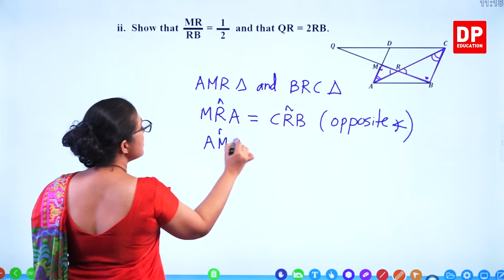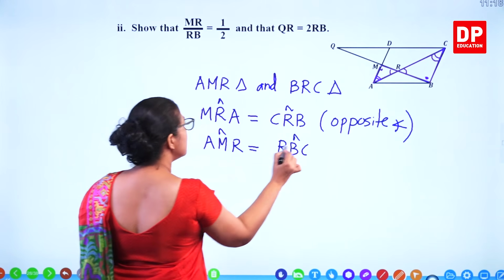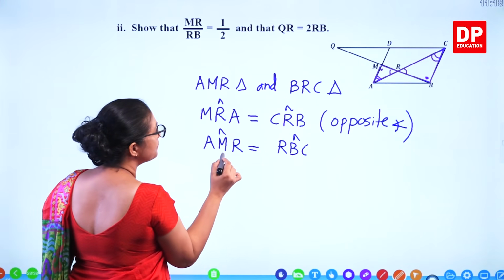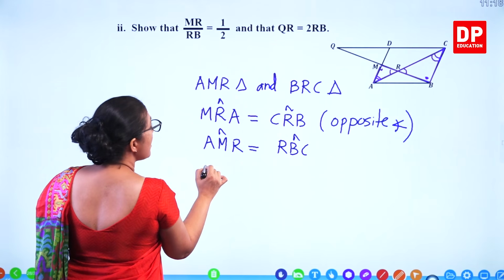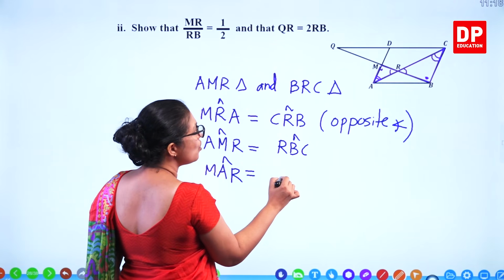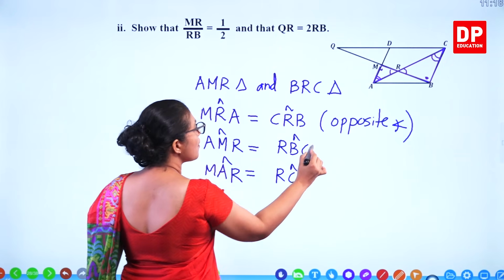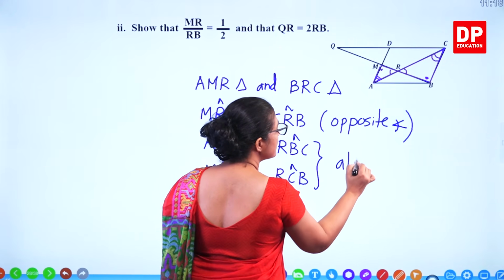AMR angle is equal to RBC angle, as well as MAR angle is equal to RCB. Both are alternate angles.